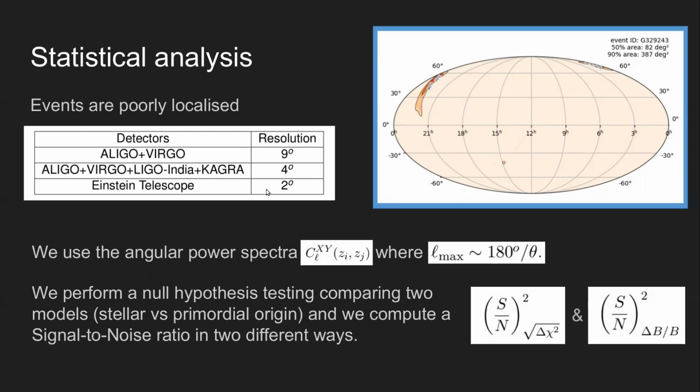And to give you an idea of the best angular resolution of different combinations of detectors, you can see that even when we build the Einstein Telescope, the best resolution we can hope to achieve is around 2 degrees, which means that once you build your statistical observables, like the C_ells, you can hope to arrive at a maximum ℓ of 100.